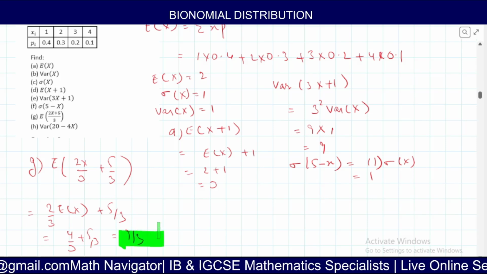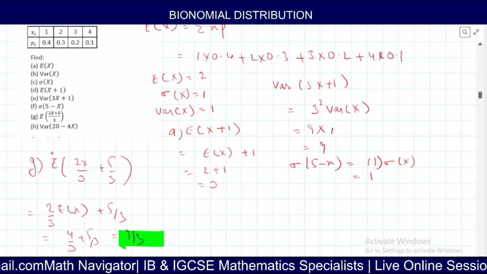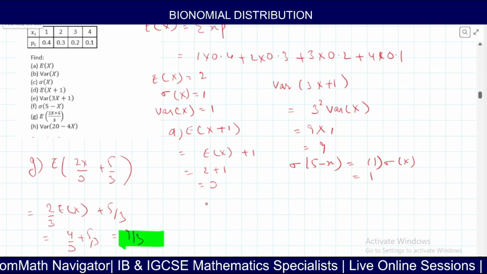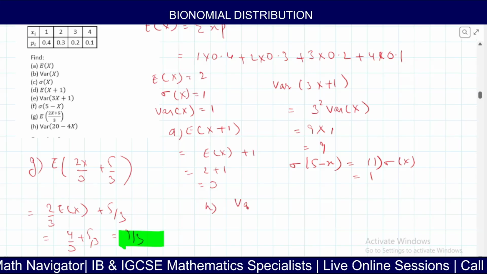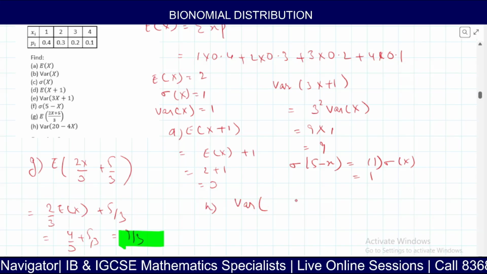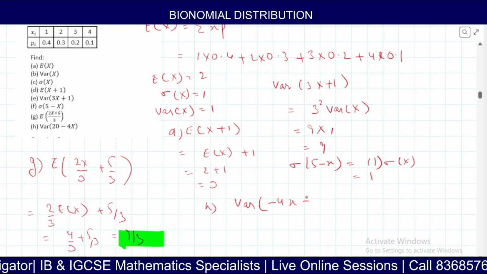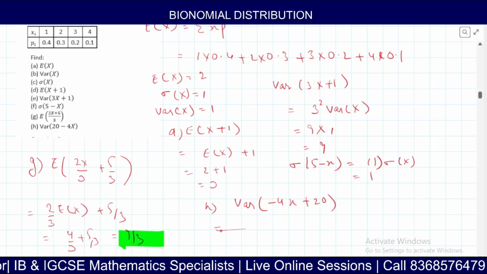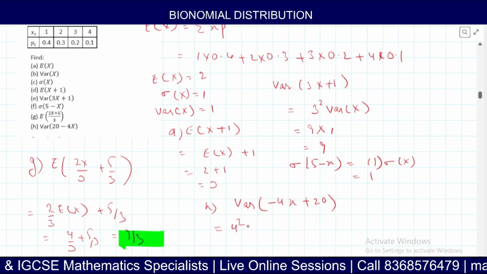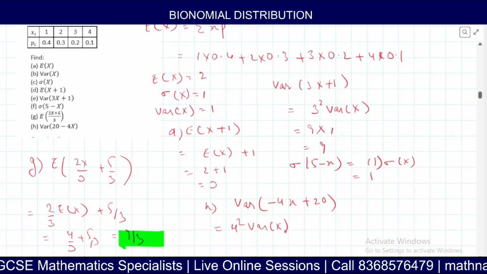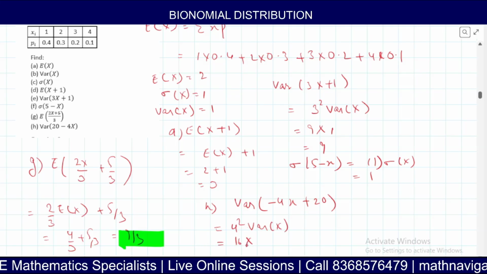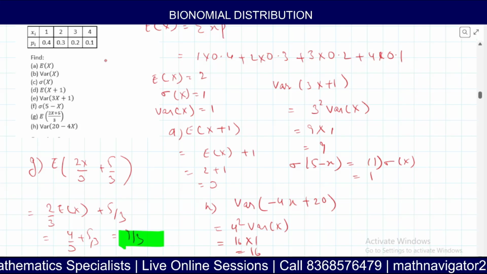Perfect. Now I have to do the next thing, variance of 20 minus 4x. I can write it like minus 4x plus 20. So this will be 4 squared times variance of x. So 16 times 1, this is my answer.